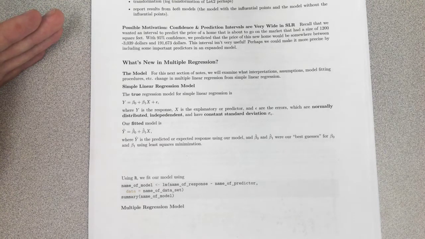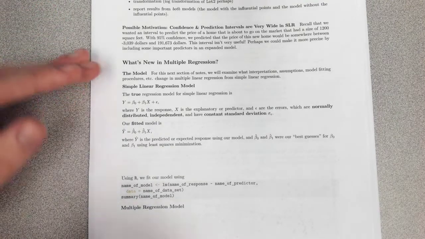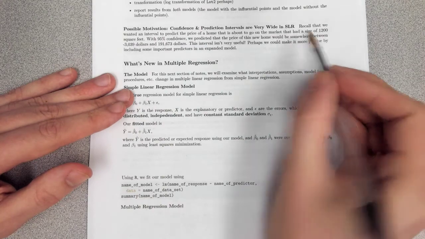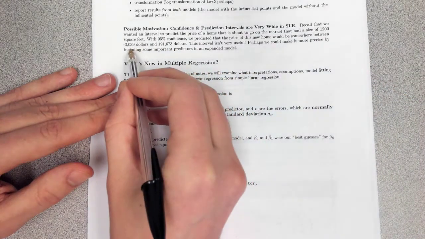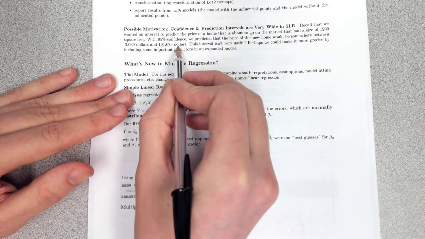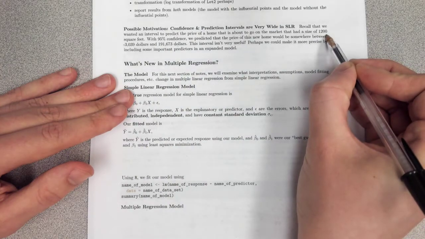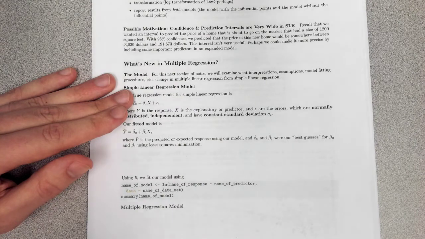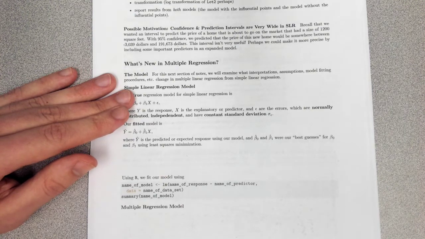Adding more predictors, if those predictors are useful, can narrow the interval. An example is given here where if we look at a prediction interval for the price of this new home that has a size of 1,200 square feet, the interval is almost useless. It's from -3,000, which is obviously going to be more than 0, to 191,000, which doesn't really tell us very much.